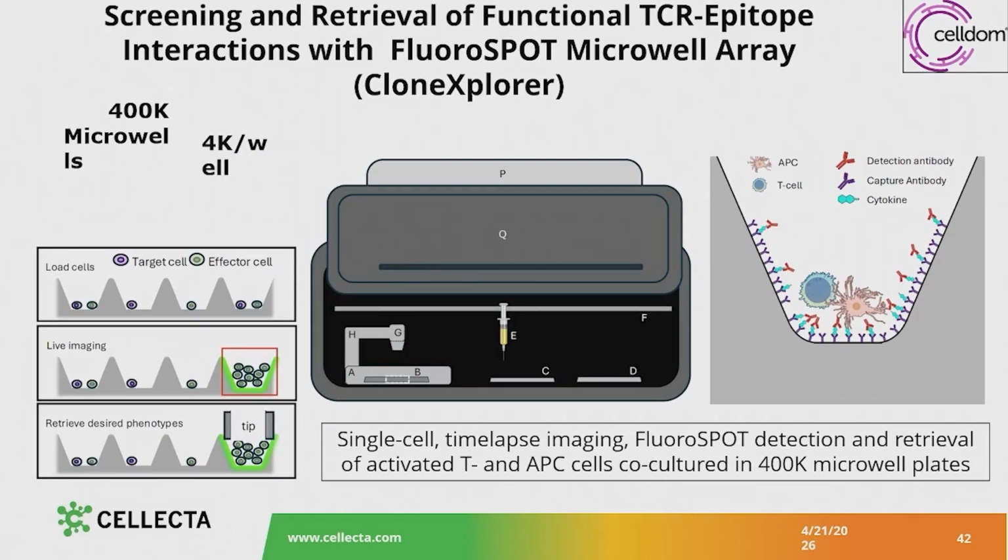In order to do this analysis more efficiently, here's the instrument that our collaborator company CellDome is using. This is the Clone Explorer, and what this machine does is quantitative online analysis. You can incubate plates in this instrument for up to 2 weeks, because at the same time it's also a CO2 incubator.